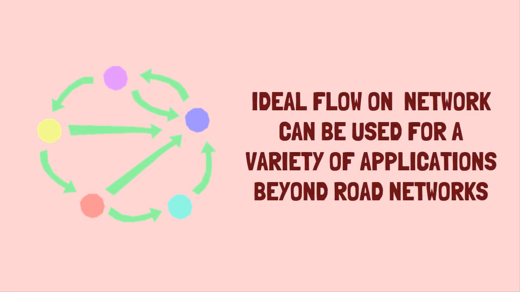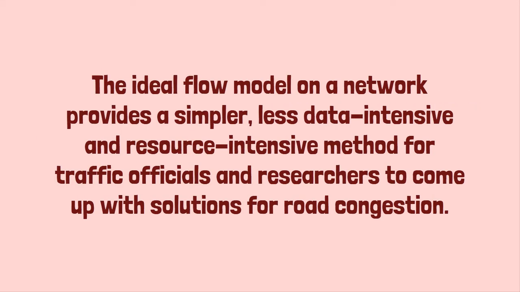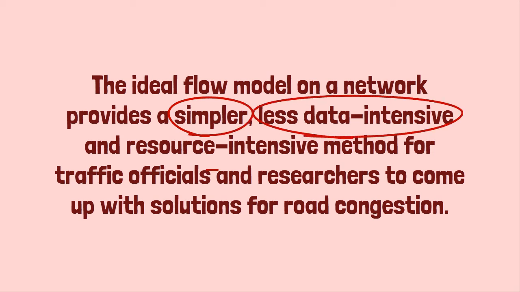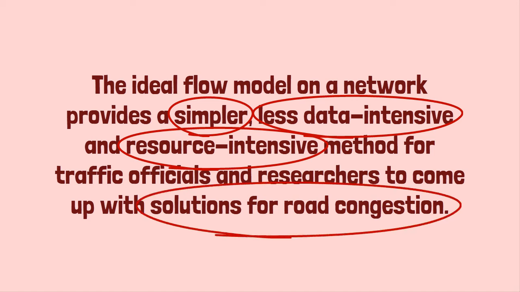The ideal flow on a network can be used for a variety of applications beyond road networks. But for our purposes, an ideal flow model on a network provides a simpler, less data-intensive and resource-intensive method for traffic officials and researchers to come up with solutions for road congestion.